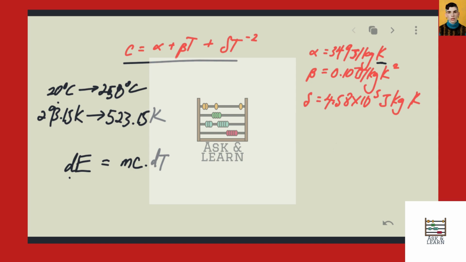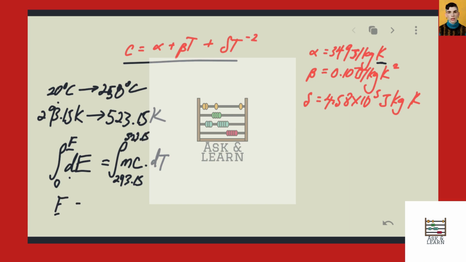Now to find the total energy, we just have to integrate this. On the left hand side, integrate with respect to the energy, so we have the initial energy, which is basically 0, and the final energy E. On the right, the temperature we will integrate from 293.15 all the way to 523.15.